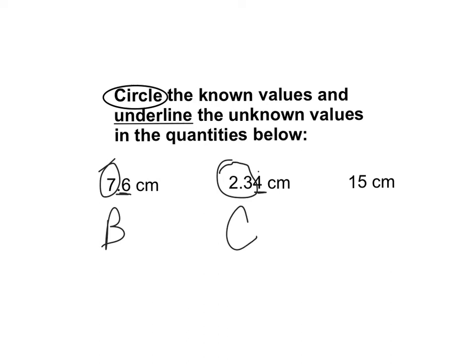Last but not least, 15. When you look at that, it's always going to be your last digit that we're going to guess at, the 5 part of the 15, the ones place, which means you have to know for a fact that your thing is at least 10. If you look back at your A ruler, you have a mark at 0, you have a mark at 10.